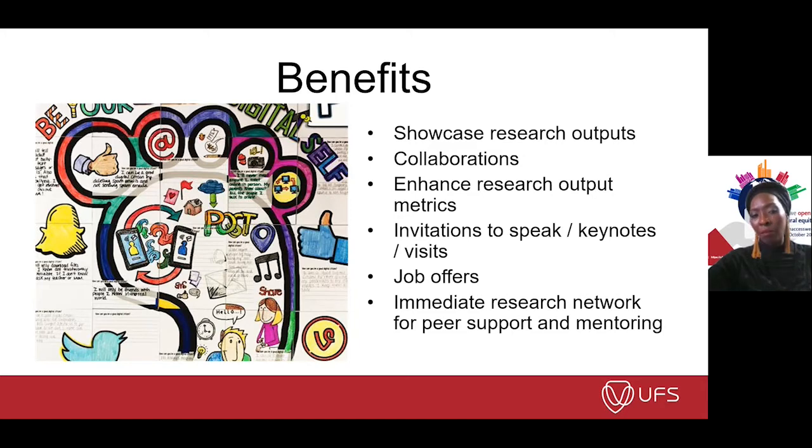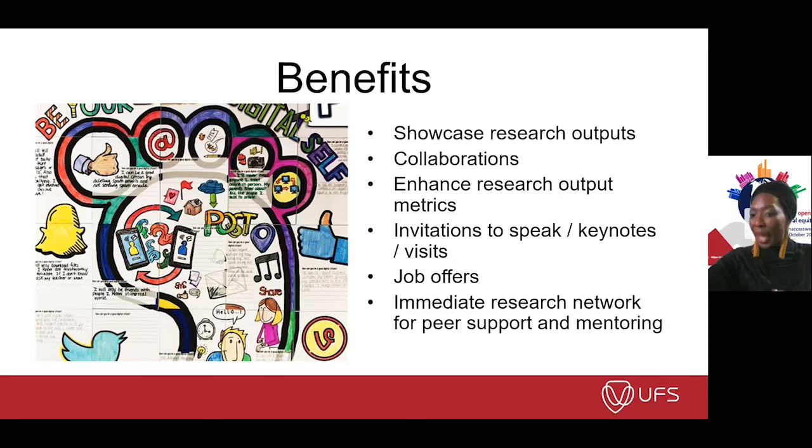You can also get job offers from creating online profiles, and you can also create or develop a research network where you can be a peer supporter and you can mentor other people, because there might be other upcoming scholars or researchers that might be looking up to you.